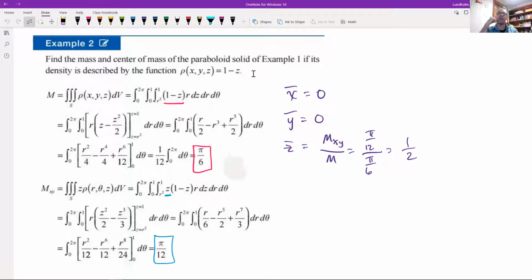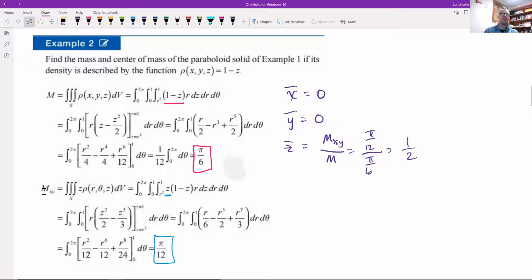If it was heavier on one side, x or y or whatever, then we would have to do more than what's here, because the only moment that we're looking at is the one with respect to x and y, where we multiply by z.